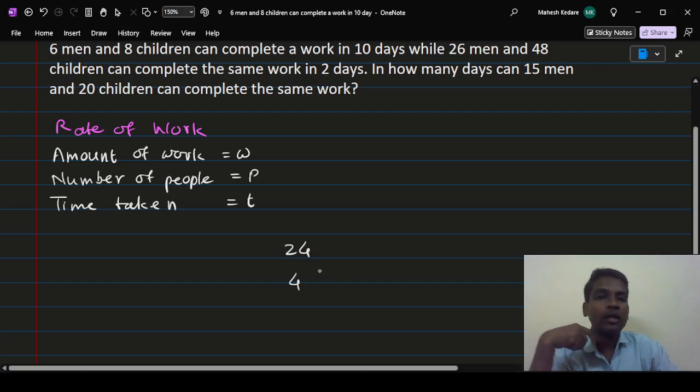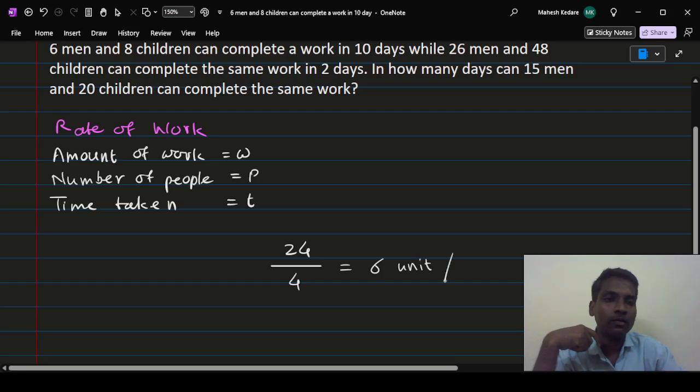Then the amount of work done per day is obtained by dividing 24 by 4, and we get the amount of work done per day to be 6 units of work per day.